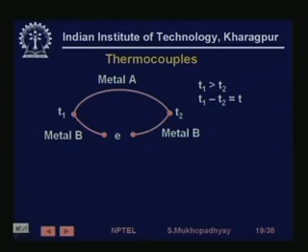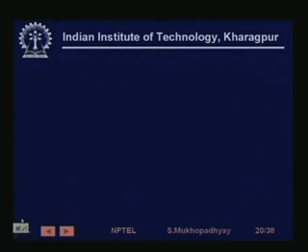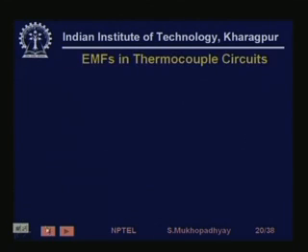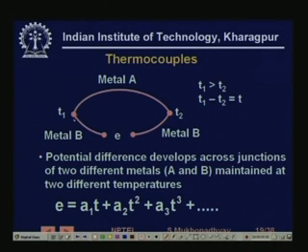After that we come to thermocouples, which are based on the principle that if two metals, metal A and metal B, are joined at these two points, and if these junctions are maintained at temperatures T1 and T2, then you will get an EMF.